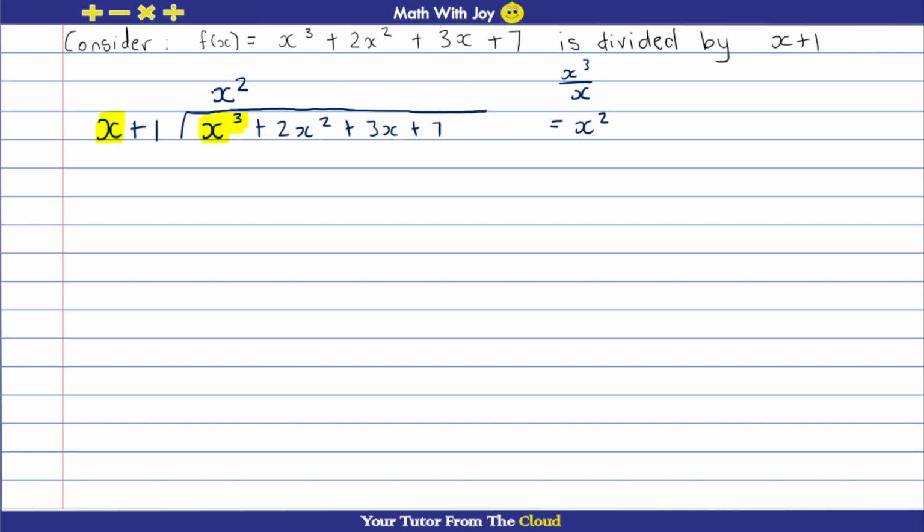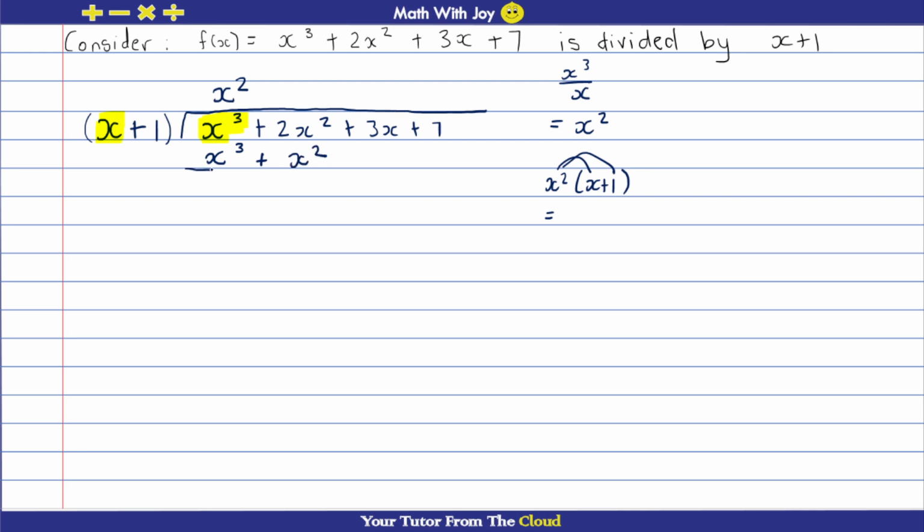Then we take x to the power of 2 and multiply it by the binomial here. So the sum you have now is x squared multiplying x plus 1. We say x squared multiplied by x gives us x to the power of 3. X squared multiplied by 1 gives us positive x squared.